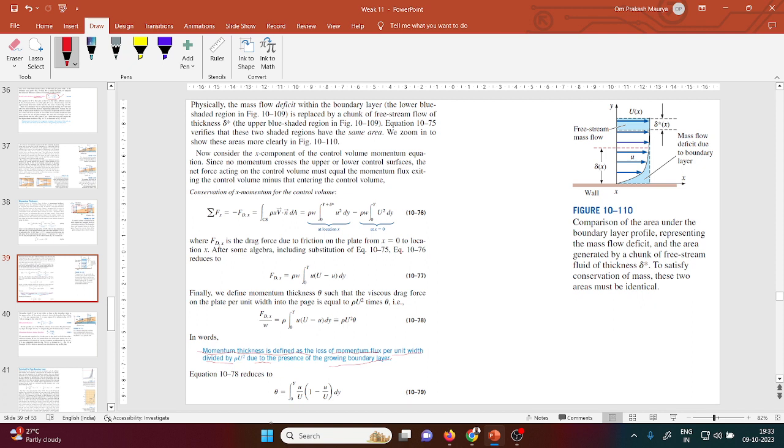Your boundary layer is growing from one location to another.